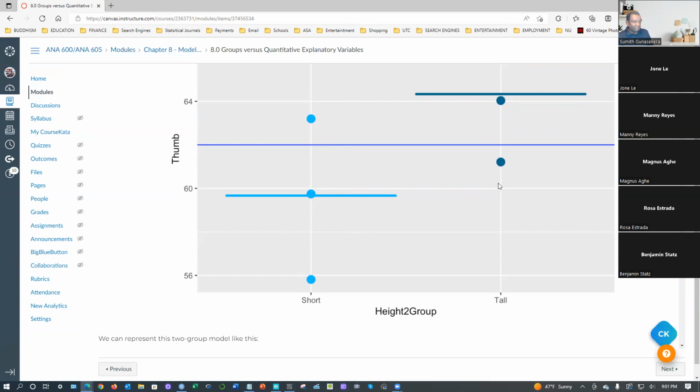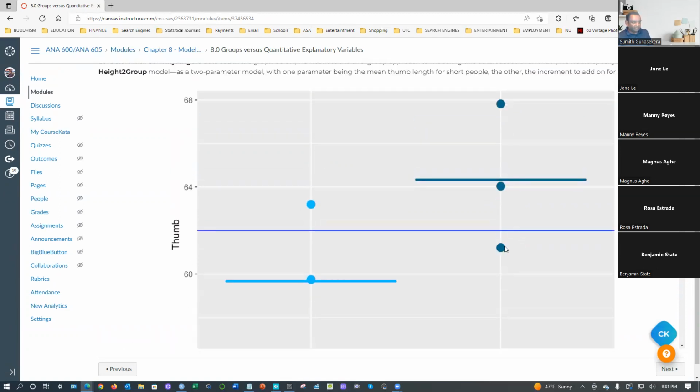No, hold on, this one is not right. This one is 59 plus 64 plus 68 divided by 3, which is 63.444, which is about 64.